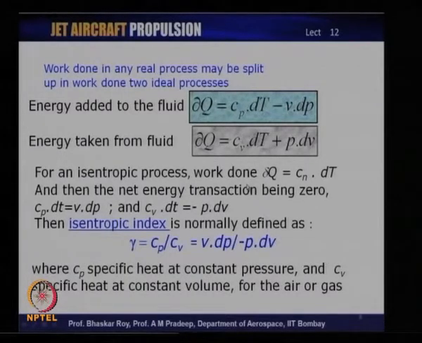It depends on whether it is air or what kind of gas. So, the values of C p and C v would depend on the properties of the air or gas. They also depend on the conditions of the air or gas, notably the temperature of the air or gas.